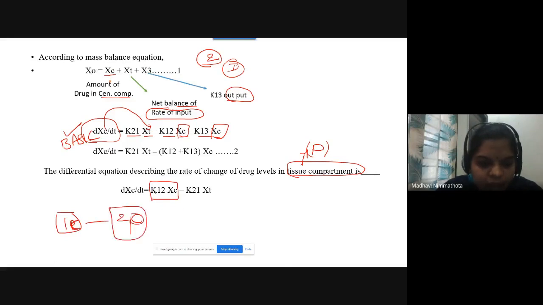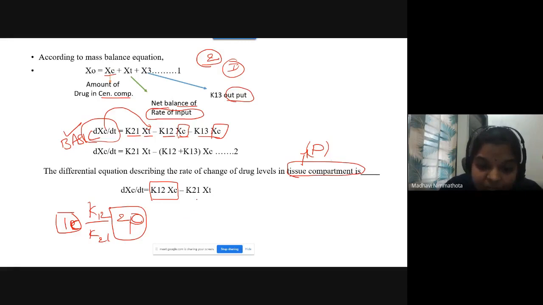So here K12 and here K21. Here we are writing K12. That means the drug plasma level concentration will be changing from the central to the peripheral. So that's why K12XC minus K21XT.